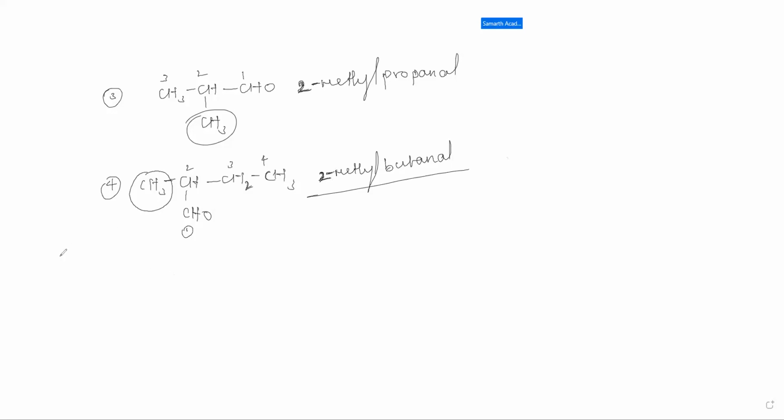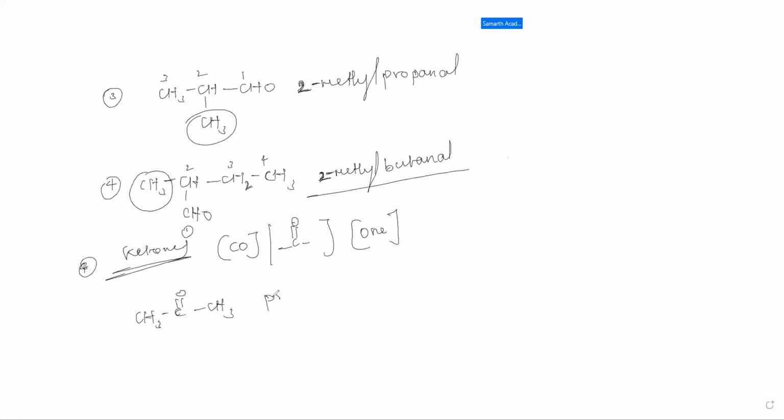This is aldehydes. When we come to ketones, the functional group is CO, and we can write it in the form of C double bond O also, and the suffix is one. CH3 C double bond O CH3.